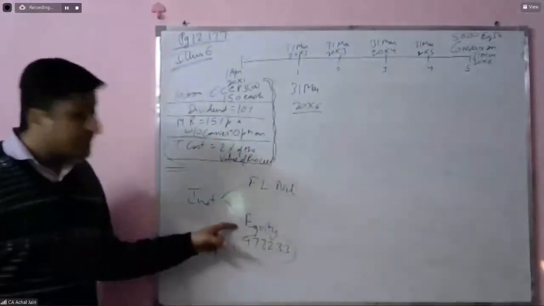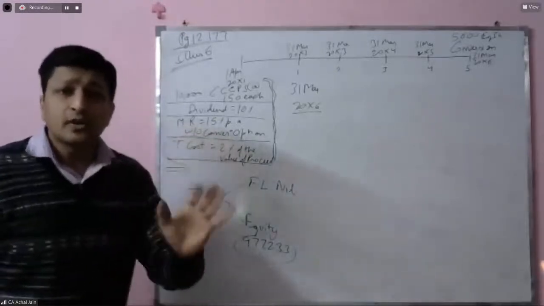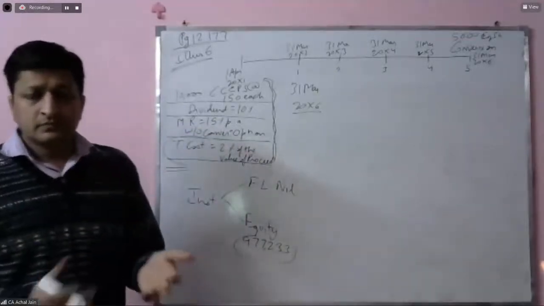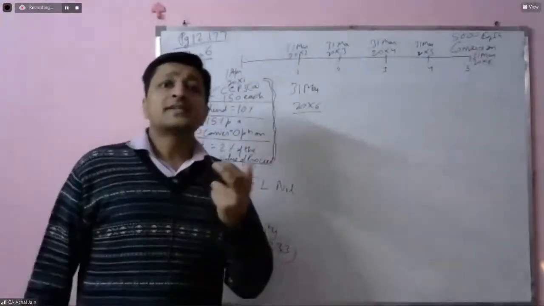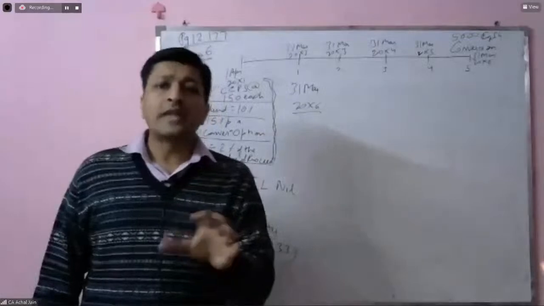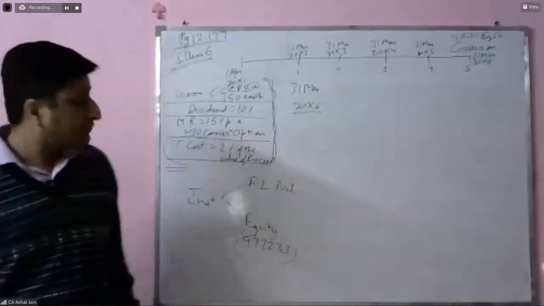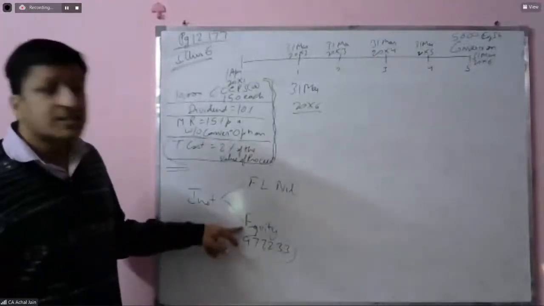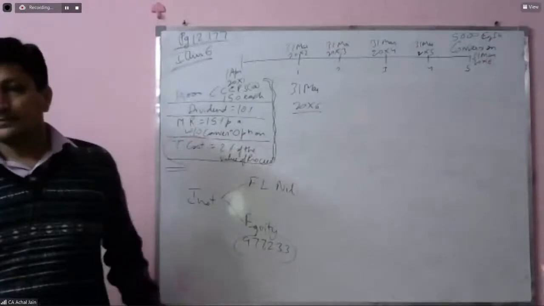See, currently this equity is in the nature of other equity. This equity was not equity shares. This was equivalent to equity shares, but its legal form was not that of equity shares. So now on 31st March X6, we are changing its legal form also into equity shares.